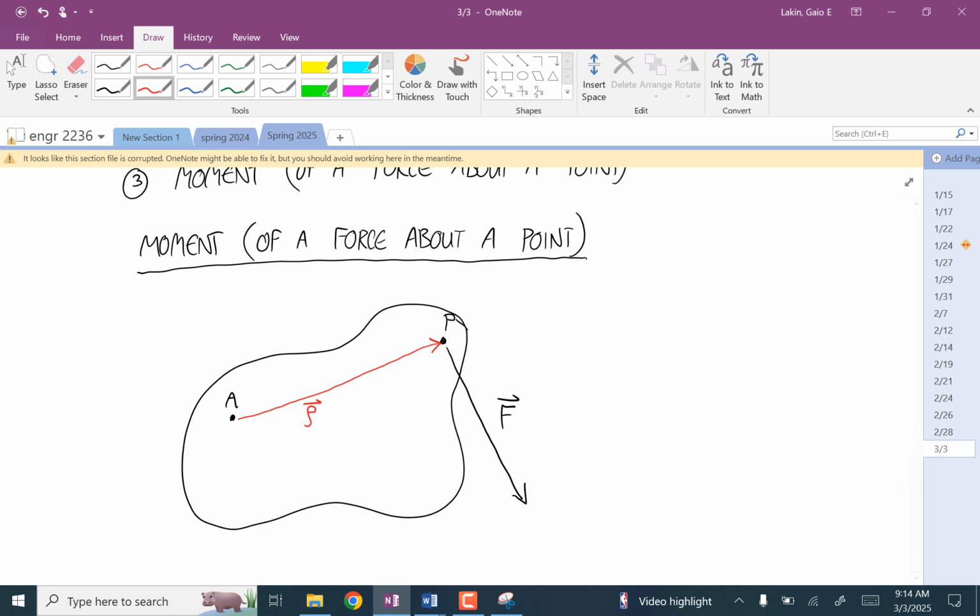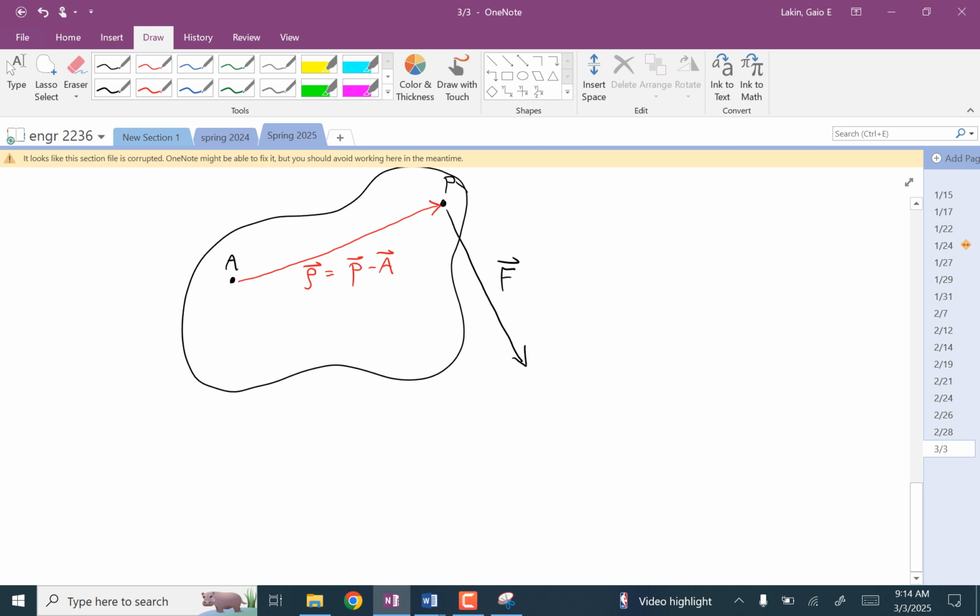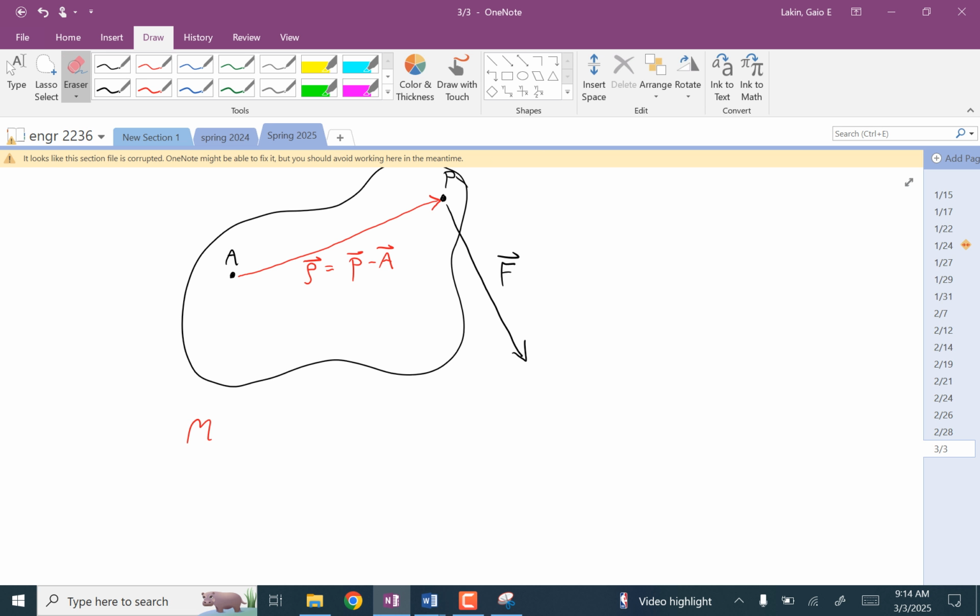To calculate it, you can always do the coordinates of P minus the coordinates of A. Then the moment about that point A is equal to the rho vector crossed with F. Remember, order of cross product matters, so if you do F cross rho, you'll get the opposite of what you want.